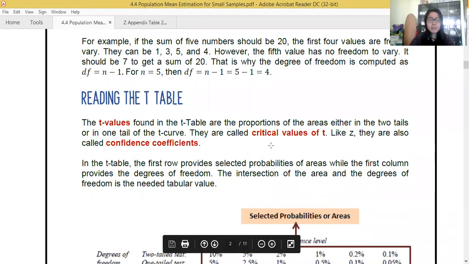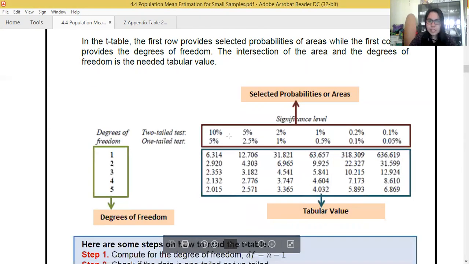Now, how do we read the t-table? Here, you need to select first the probability or the area on top. On the left, in the vertical column, we have the degrees of freedom. Again, that's n minus 1. For example, if our n is 5, then our degree of freedom is 4.